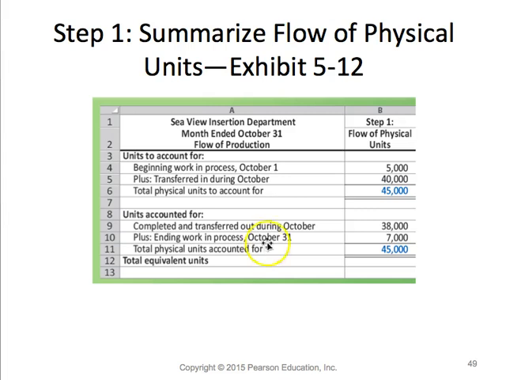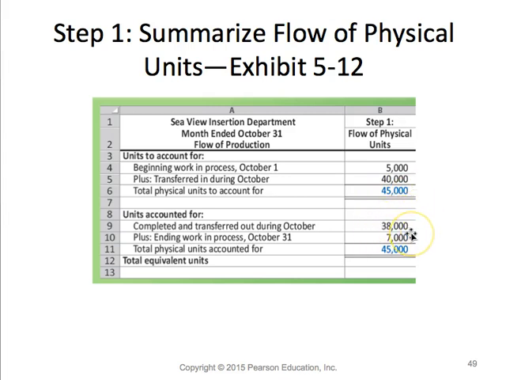So here is what's been given in Exhibit 5-12. Units in beginning work in process are 5,000, and then 40,000 units are transferred in during October, for a total of 45,000 physical units to account for.